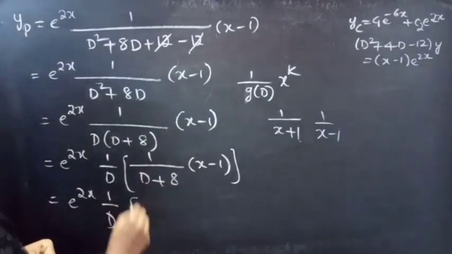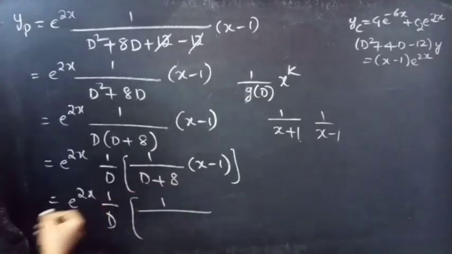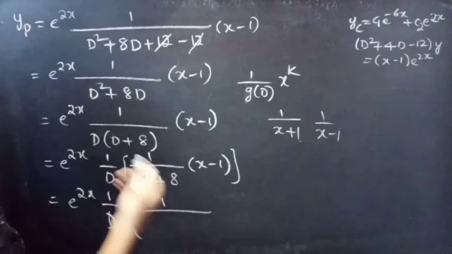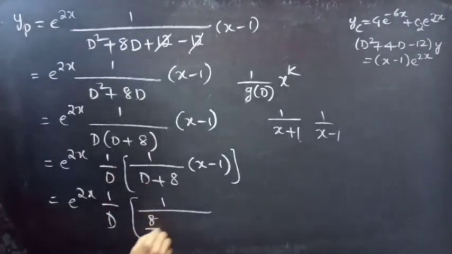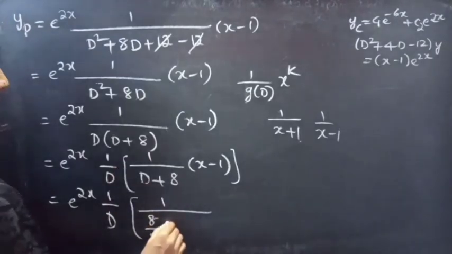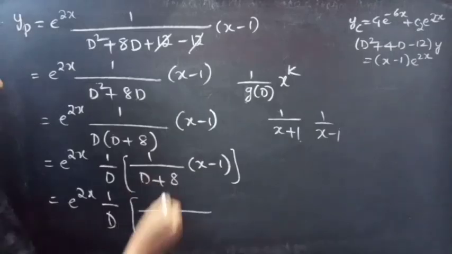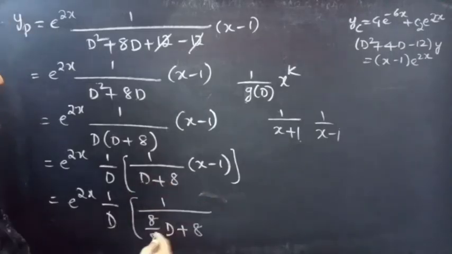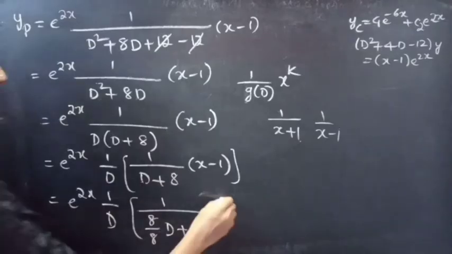Let's take the lowest degree term common from these two terms. But for D, we don't have any 8. So we'll multiply and divide D by 8 to this D, so that it will be easy to take 8 common from these two terms in the next step.